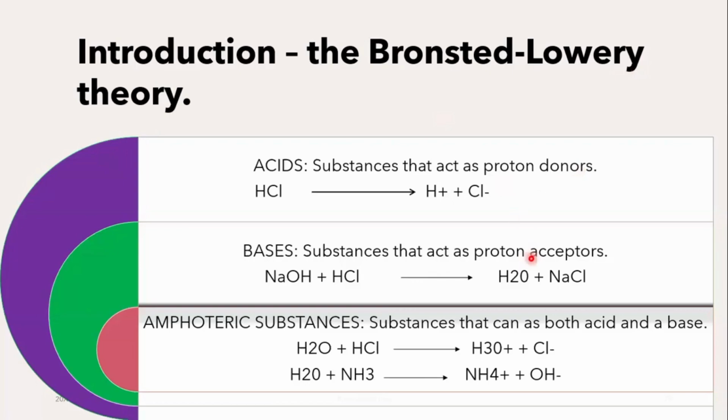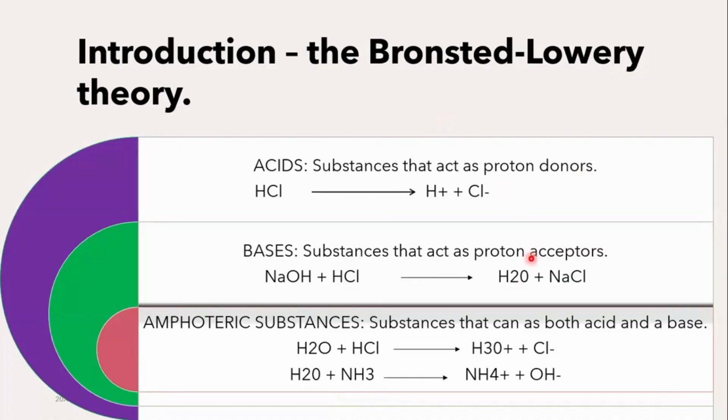They said that acids are substances that act as proton donors, meaning that they have the ability to lose or donate a hydrogen ion. So any substance that can possibly donate hydrogen ions is going to be known as a proton donor.